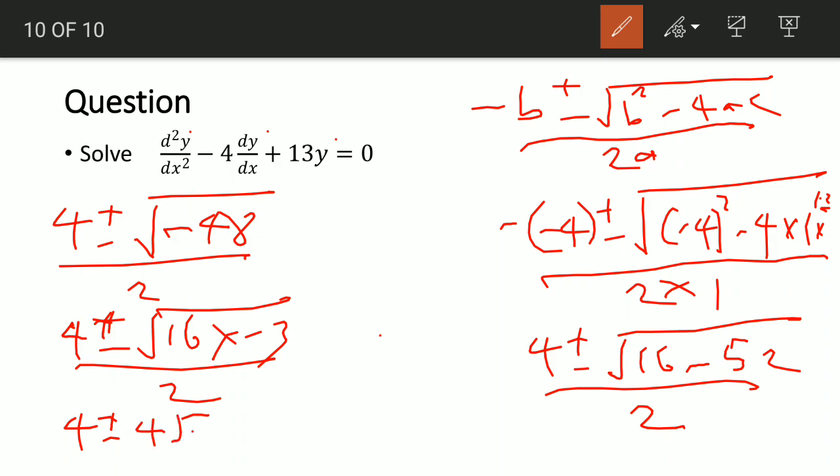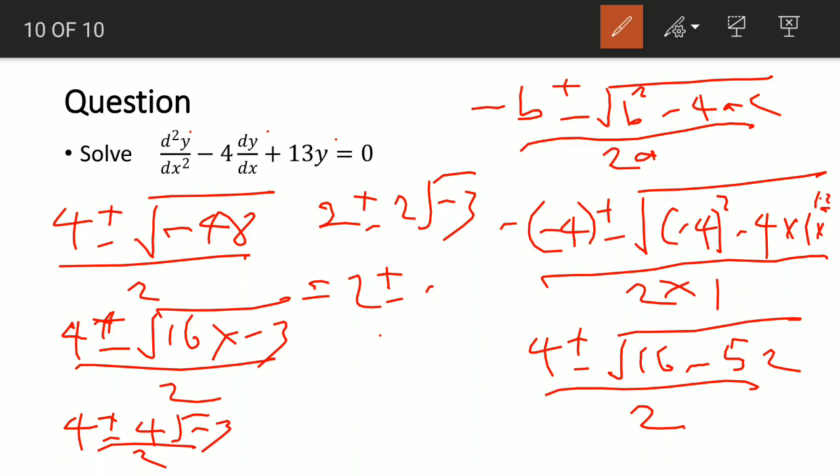So 4 root minus 3 all over 2, okay? And since 2 can divide through, we are going to get 2 plus or minus 2 root minus 3, okay? That's beautiful. Minus 3, which we can now write as 2 plus or minus 2i root 3.